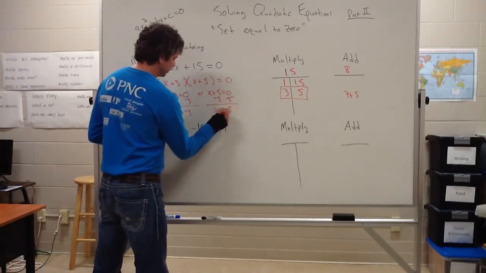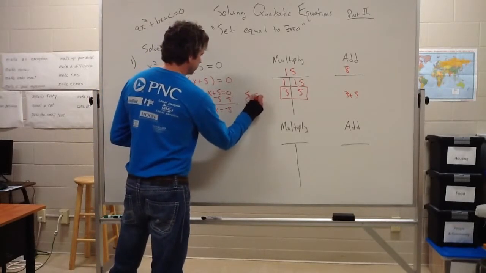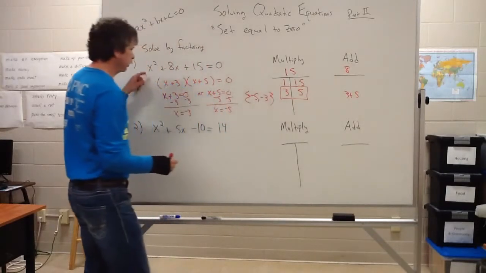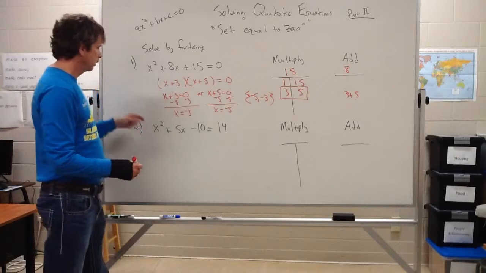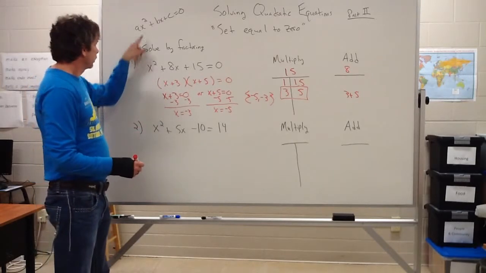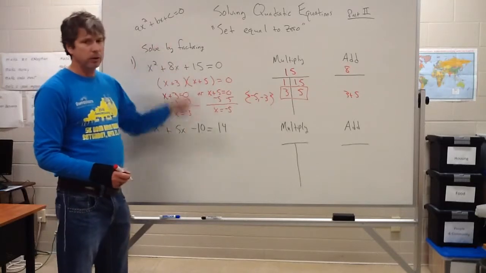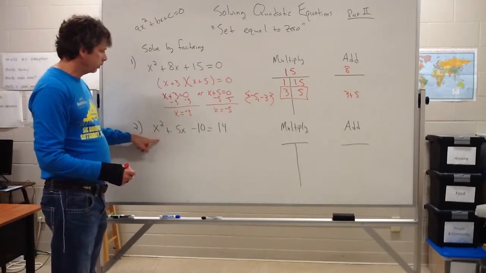Our solution set becomes negative 5 and negative 3. If I substitute those numbers into this equation, both of them work. It's interesting that the power of 2 actually has 2 solutions, where a linear equation typically had only 1 solution.